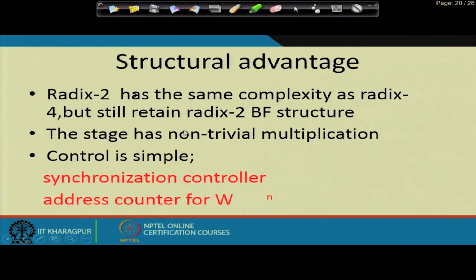The structural advantage is that radix 2 squared has the same complexity as radix 4, but still retains the radix 2 butterfly structure.